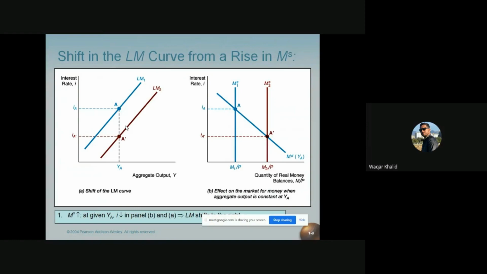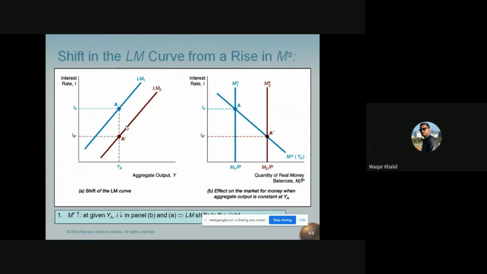Reversing this reasoning, consider a decline in the money supply. Suppose this was the case when the money supply increased, but when the money supply decreases, what will happen? A decline in the money supply shifts the LM curve to the left. It results in a shortage of money at points on the initial LM curve.